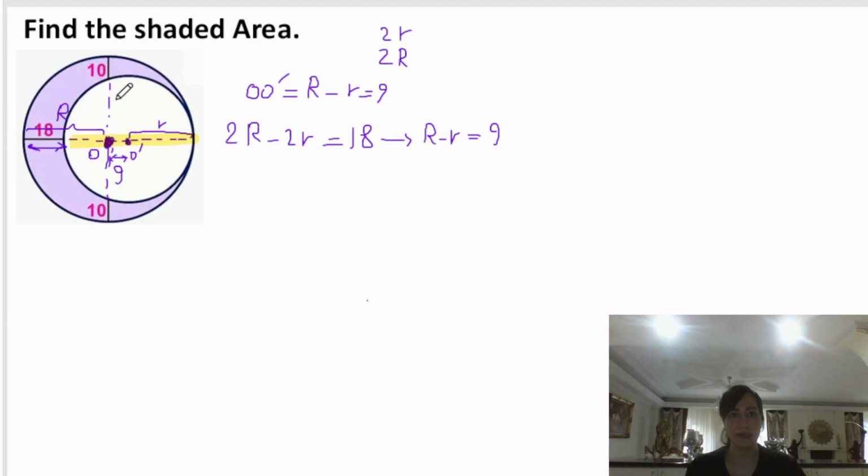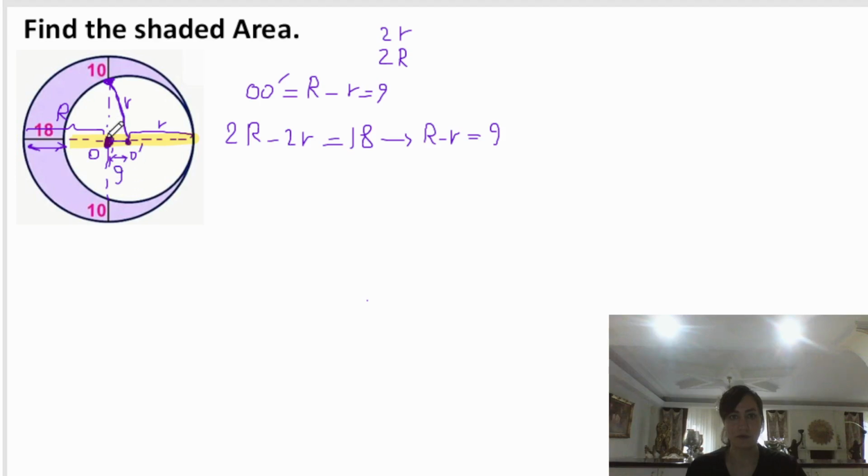Now this distance, from the center of the inner circle to its circumference, always equals the radius of the inner circle. So this would be r. This line OO prime is 9.